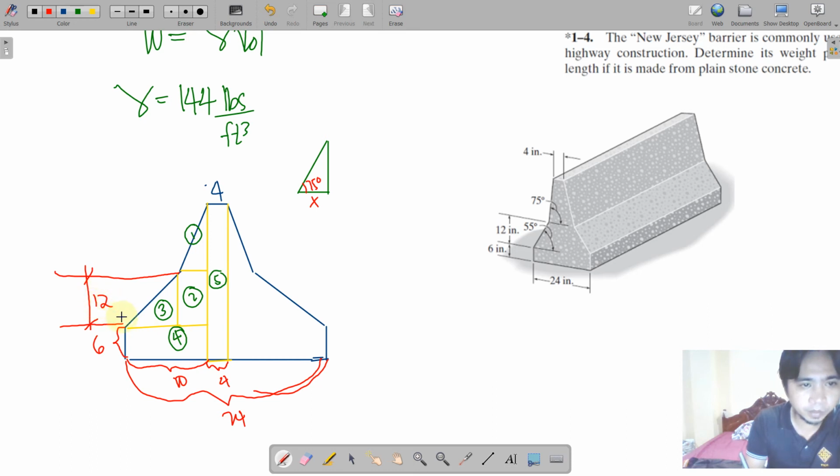Because we have 12 here, and we also have the angle there. So from this, working on triangle 3, we can now determine this base. If we could determine that base, then we can directly determine this by subtracting it from 10.